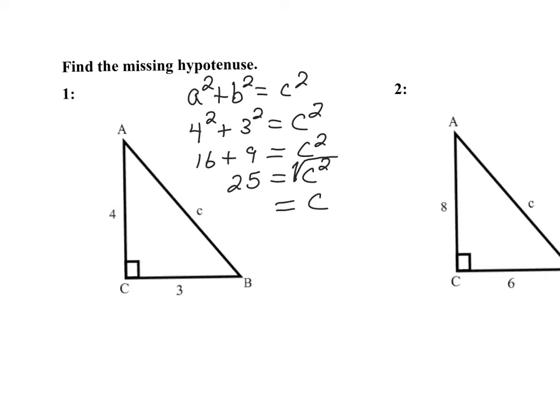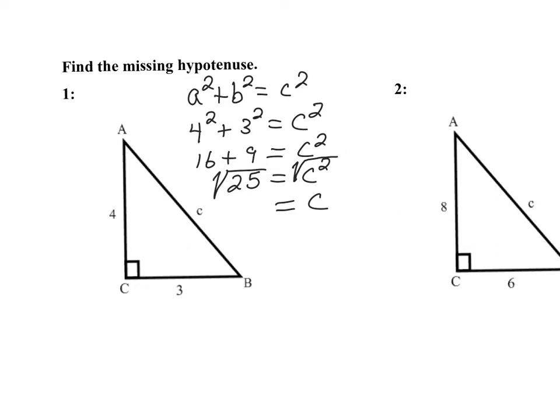So I can't type in a C on my calculator, but when I type in a number that was already squared, it returns the number that we squared, the number we multiplied by itself. So when I take the square root of 25, I find the square root button.